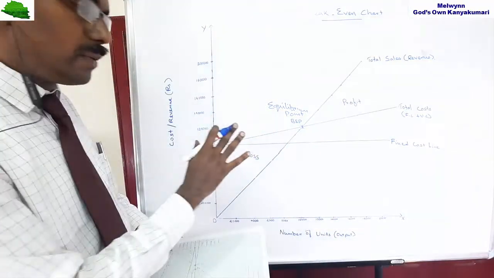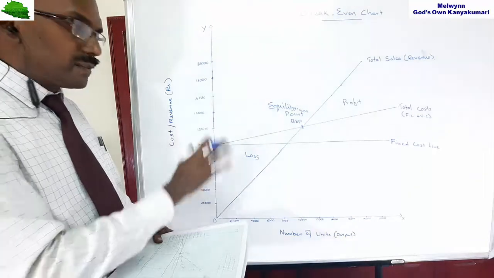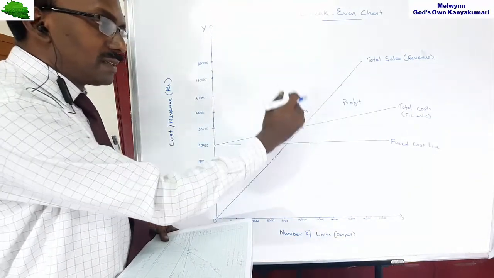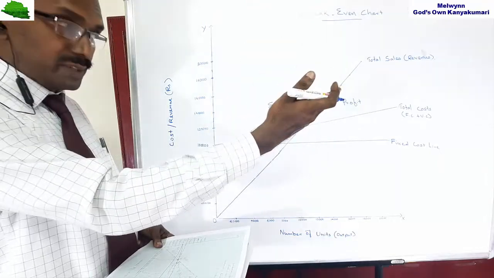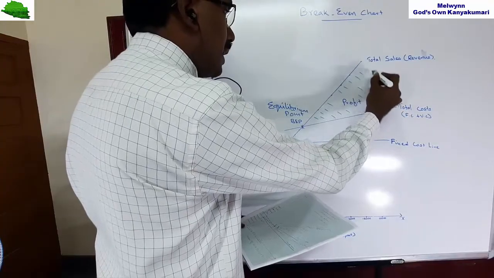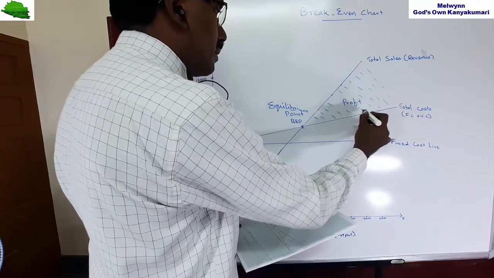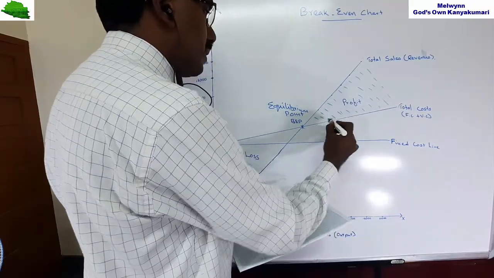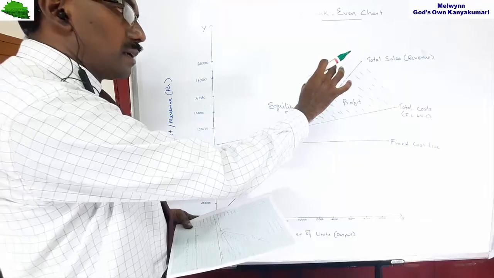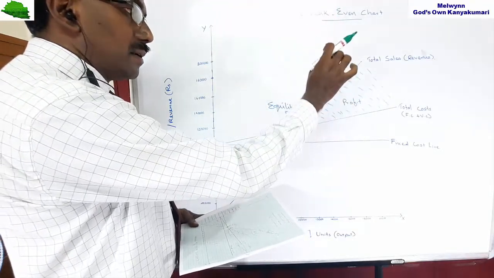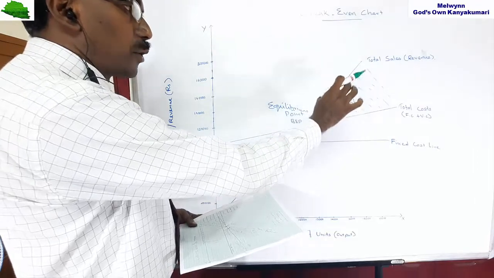In this break-even analysis, it is most important one. After this break-even point only, the company earns profit. The shaded area by this green ink is profit area.